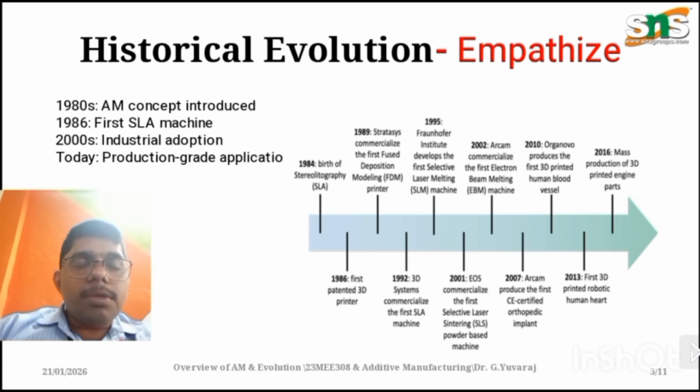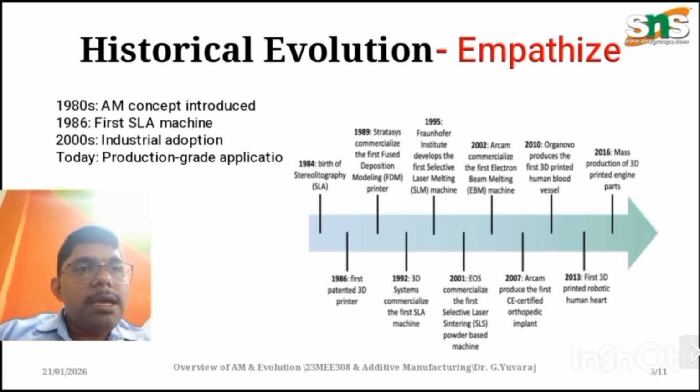Following that, fused deposition modeling was introduced in 1989, and 3D Systems introduced the SLA machine in 1992. After that, in 1995, the laser melting machine, in 2001, selective laser sintering, in 2002, Arcam commercialization, and in 2007, the CE certified orthopedic implant.